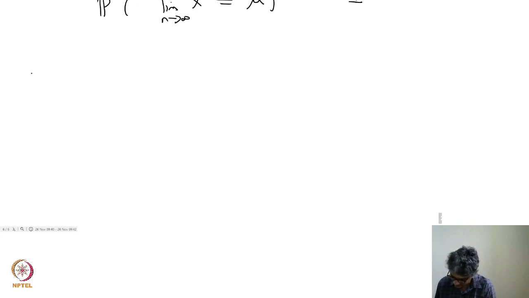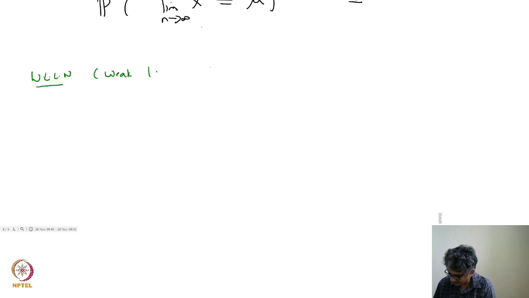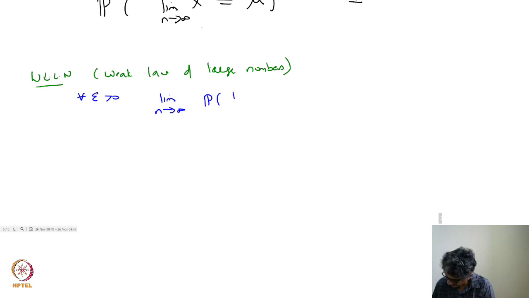That is the weak law of large numbers, WLLN. What does it say? It says that for every epsilon positive, the limit as n tends to infinity, the probability that X bar differs from mu by more than epsilon converges to 0.